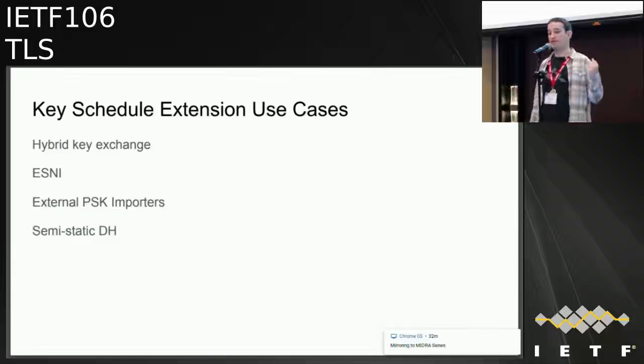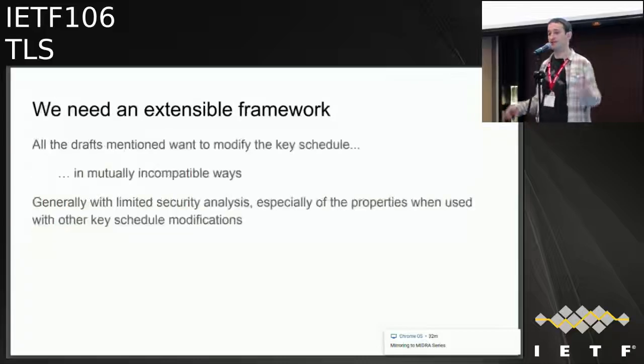External PSK importers: how do we diversify keys before they're used by TLS, rather than having to have n-squared keys? And semi-static Diffie-Hellman also wants to adjust the key schedule to allow them to do various things.